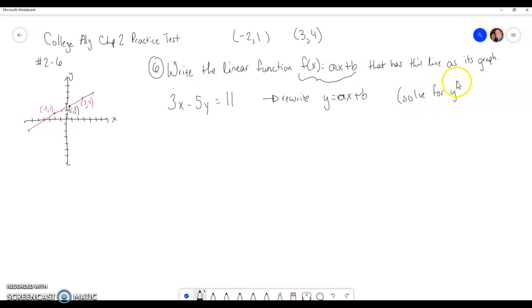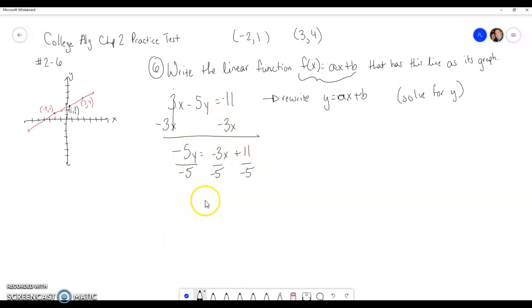Solve for y. So I'm going to subtract 3x on both sides. So I get negative 5y equals negative 3x minus 11.